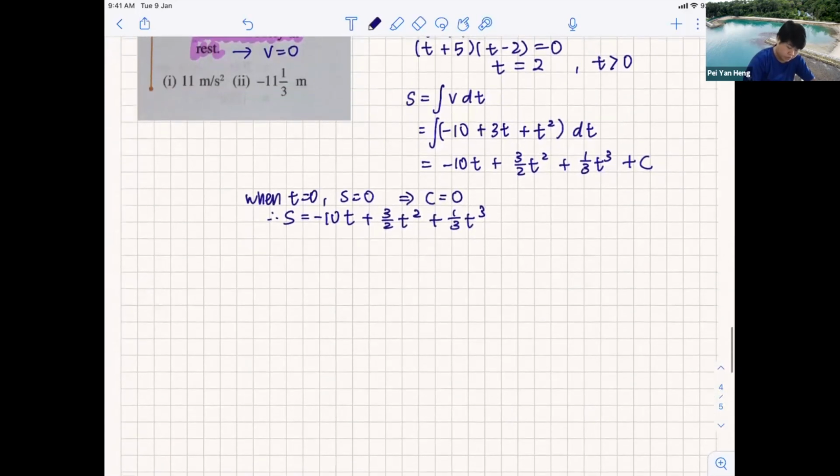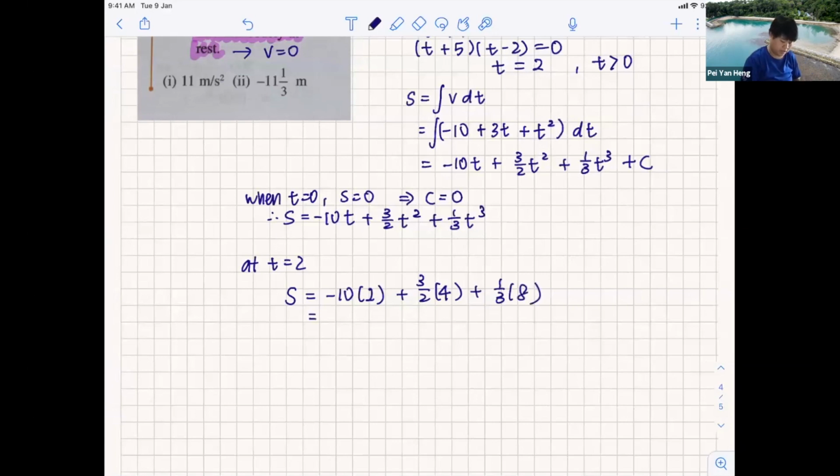So at t equals 2, this is where we are calculating. My displacement will be minus 10 times 2 plus 3/2 times 4 plus 1/3 times 8.